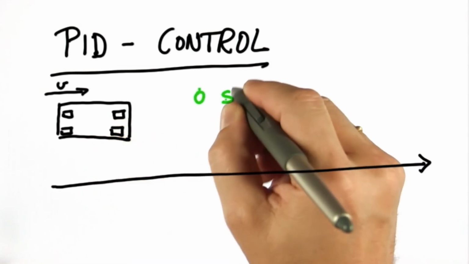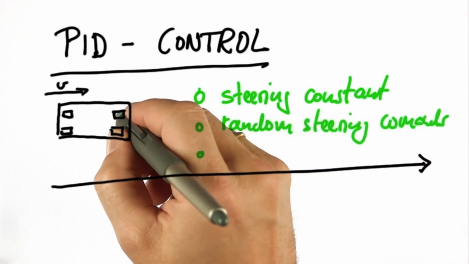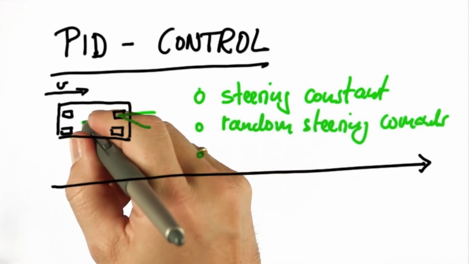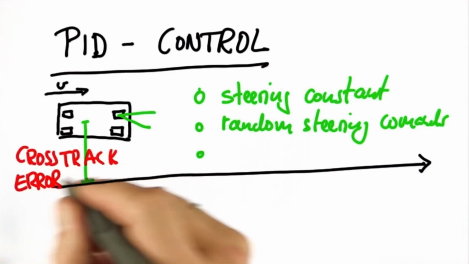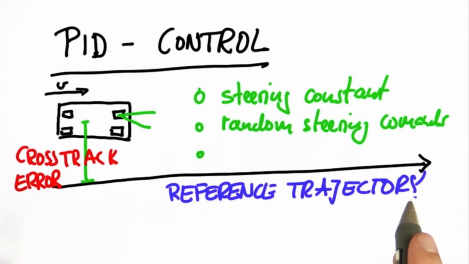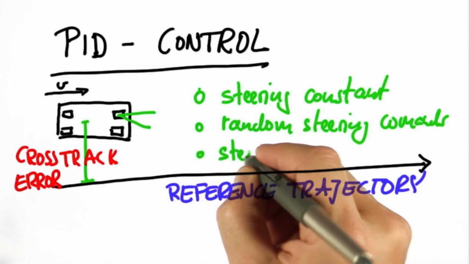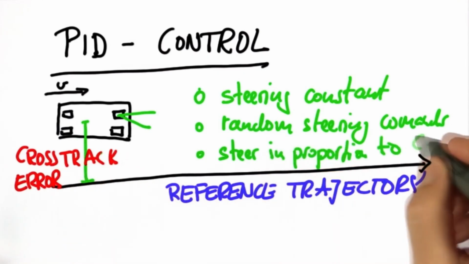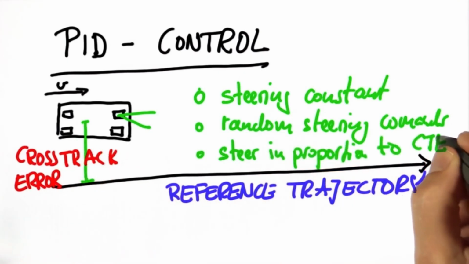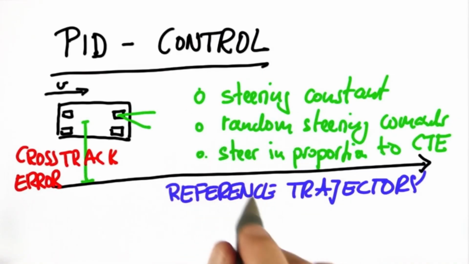You would keep the steering constant, you could give random steering commands, or you could set the steering angle in proportion to what's known as the cross-track error, which is the lateral distance between the vehicle and the so-called reference trajectory. So the third possibility is steer in proportion to this cross-track error, CTE. Choose one of those that you think are best suited to control the car.